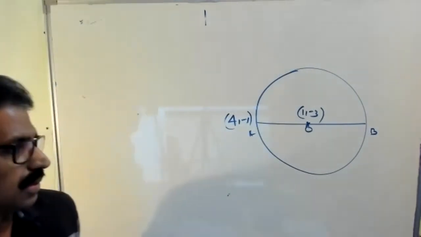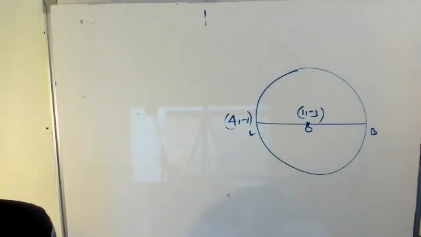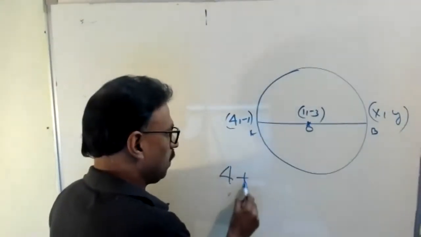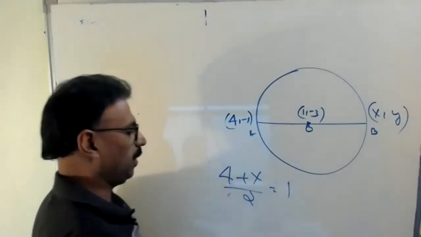Okay. How to find the B? Look here. Let B be (X, Y). (4 plus X) by 2 equal to 1, midpoint.